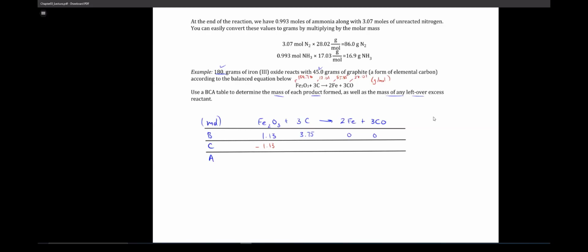And then over here, we would lose how much? We would lose 3/1 times 1.13. Why 3/1? Because of the ratio: for every 1 you start with, you need 3. Remember, if you're starting with this number, that's the denominator, and the other numbers are the numerators. So minus 3/1.